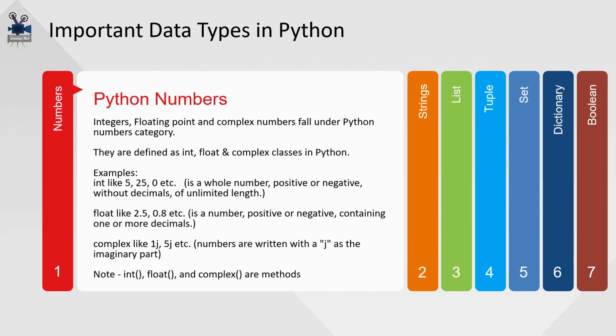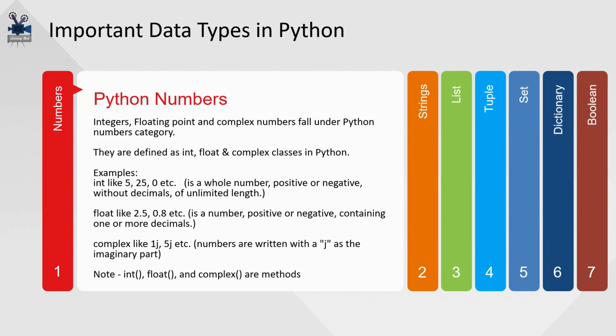So first in the list is Python numbers. Integers, floating point, and complex numbers fall under the Python numbers category. They're defined as int, float, and complex classes in Python. For example, int, like 5, 25, 0, is a whole number, positive or negative, without decimals, of unlimited length.